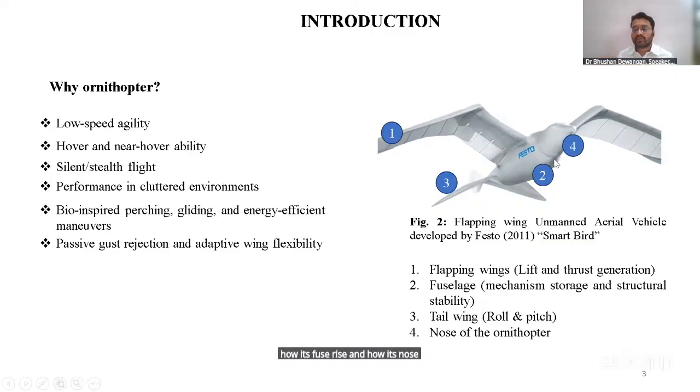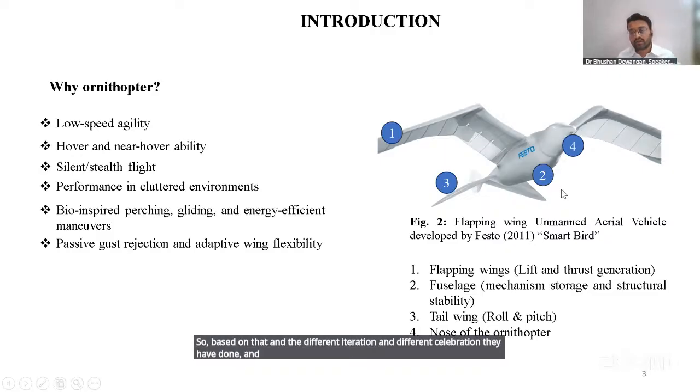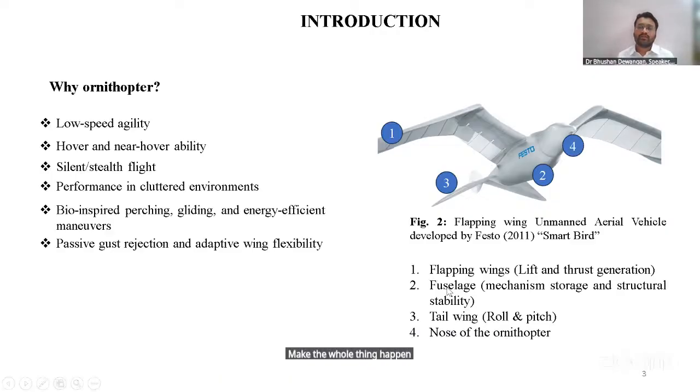Based on different iterations and simulations, they finally found the problem and how to achieve that kind of speed. So if you want to make the whole thing happen, you have to focus on all those four things.